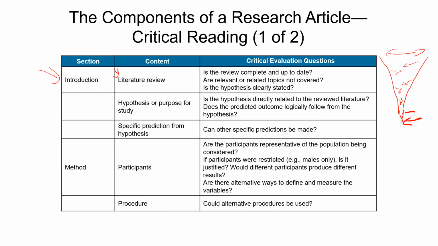Then the methods, which is the second section, which you are not going to write second, but we will come back to the methods later. You're going to write part of it, and then you're going to come back to more of it later. In the methods you're going to talk about your participants, and you're going to talk about the procedures that you did during your study. So your participants and your procedure.